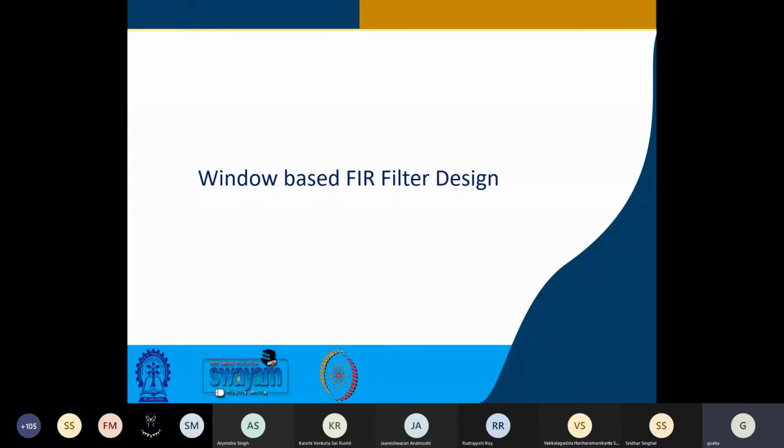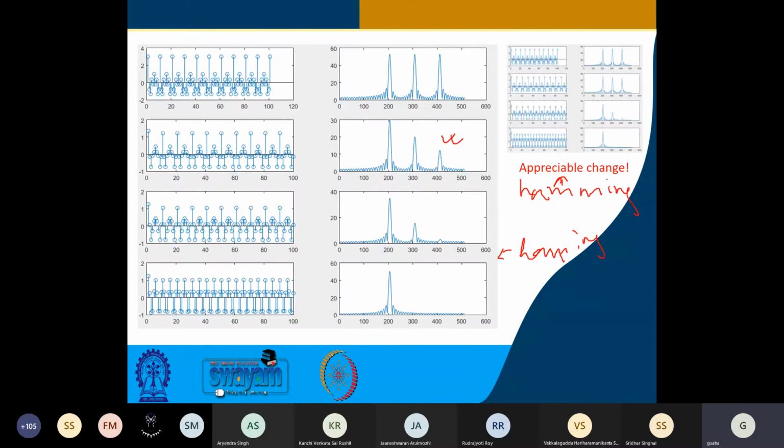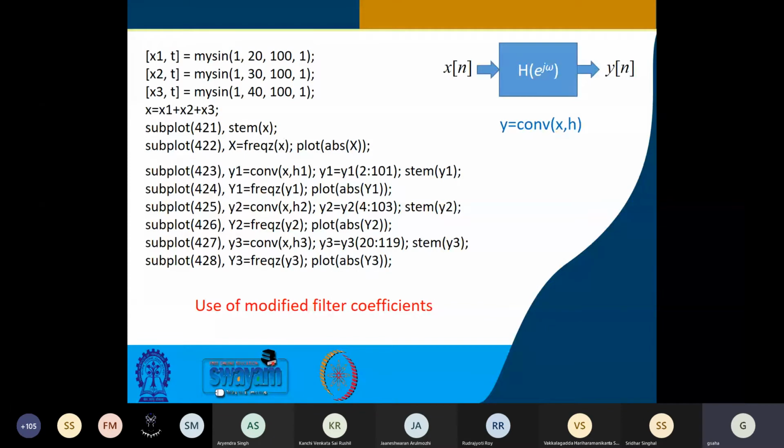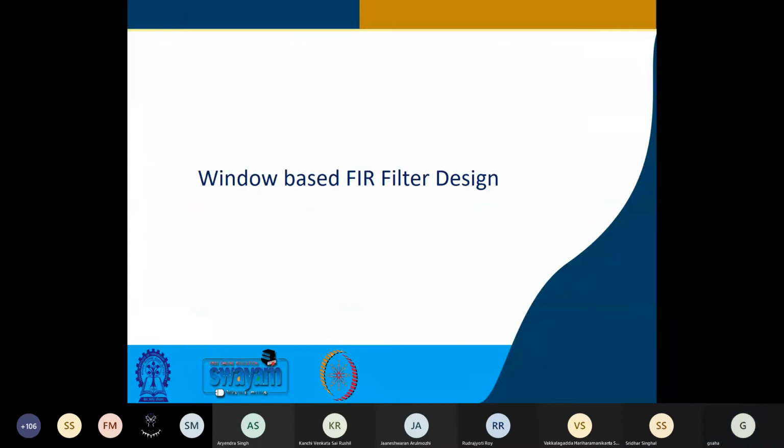Now this brings us to the more formal part. Given that we have seen and understood that weights play a major factor, formal window-based filter design, FIR filter design, you might have already been exposed to a certain amount of theoretical background in your lab classes, because the second experiment was related to this.